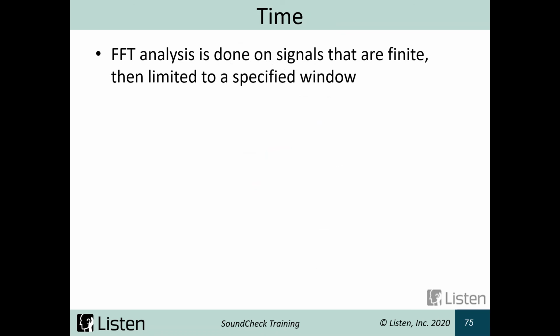So why do we care about weighting? What are we doing when we pick these, and why does it really matter? FFT analysis is done on signals that are finite, then limited to a specified window. We define the frequency resolution. That's going to affect, again, the length of the FFT.